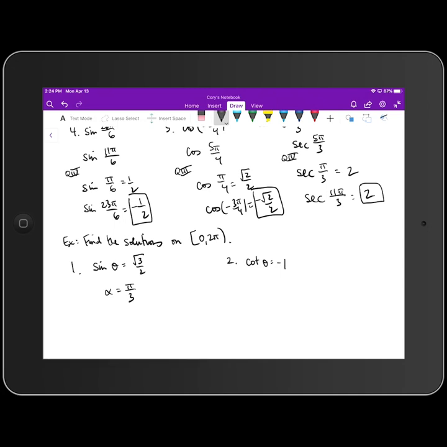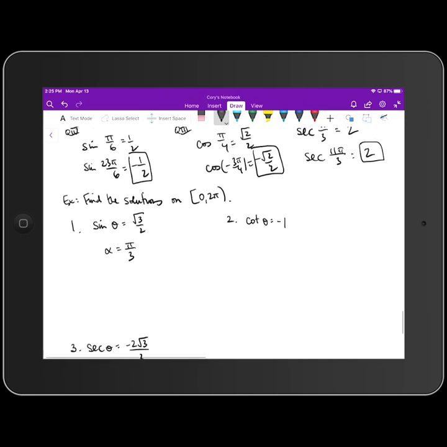Now we have to figure out what quadrant our angles are going to lie in. If sine is positive rad 3 over 2, we know that sine is positive in quadrant 1, all students, and it's also positive in quadrant 2.